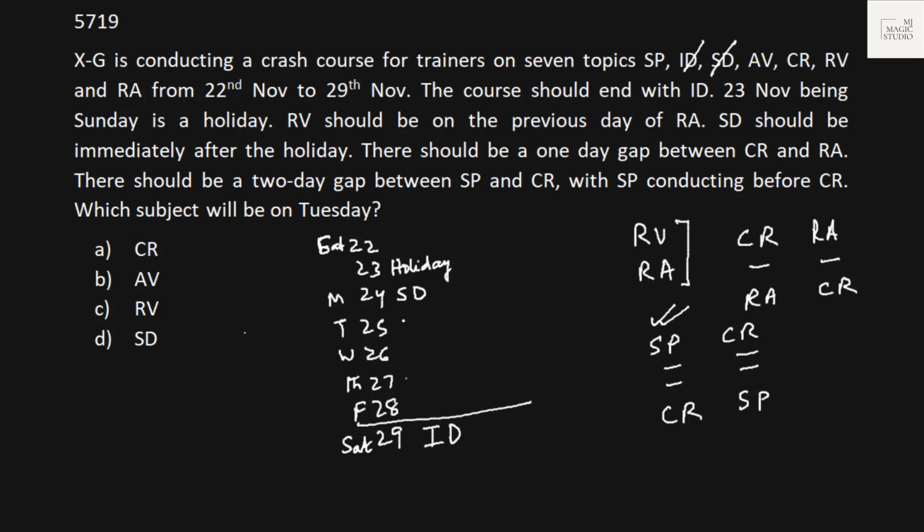RA, CR. So it should be CR dash dash SP. SP, CR, CR and RA is there, gap of 2, but RV should come before RA.